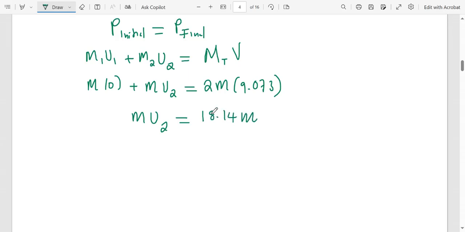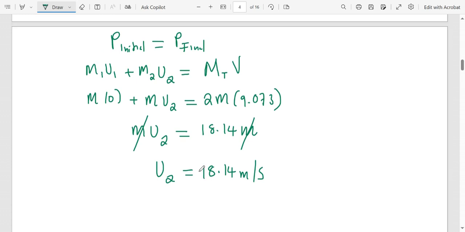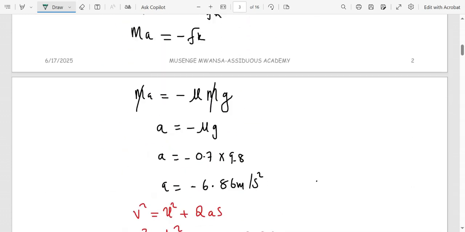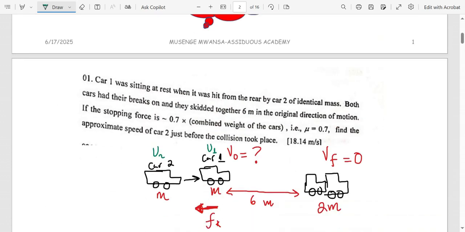So you see that this m will cancel with this m. So u2, the velocity at which the second car was moving for it to hit the first car from the back, is 18.14 meters per second. Okay, you can see that's the value there.